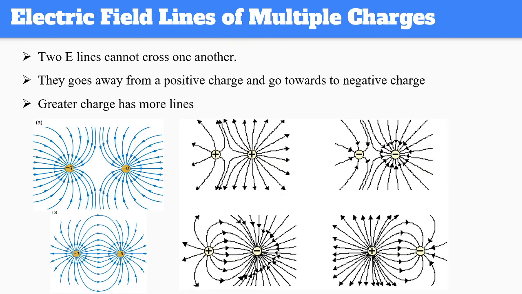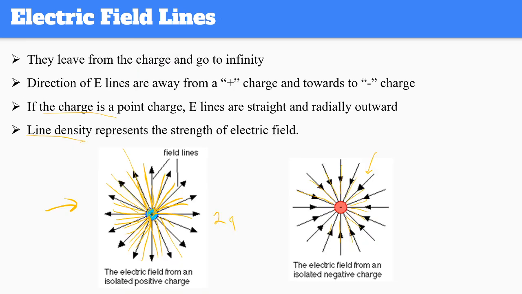So if you have more than one charge in the system, what do the field lines look like? In that case, what we need to know is that electric field lines cannot cross one another, so they are not going to touch. Individual charges tend to go to infinity straight.